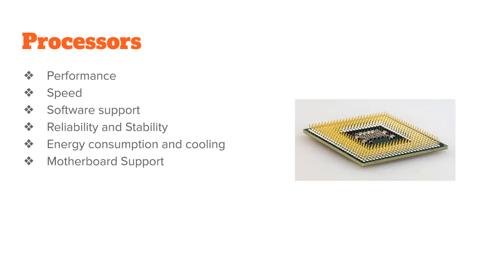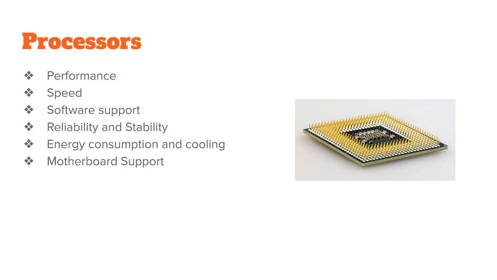Next is the speed of the processor, which defines how fast it can perform operations. It also depends on the internal clock speed of the CPU. If the internal clock is faster, the CPU will work faster, but the hardware will be a little expensive because it needs to cope with that kind of speed.